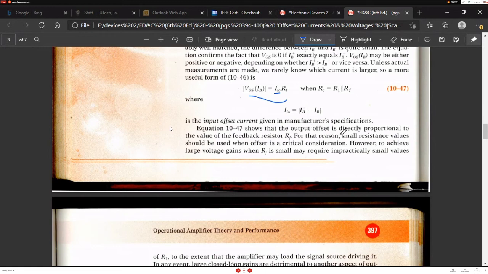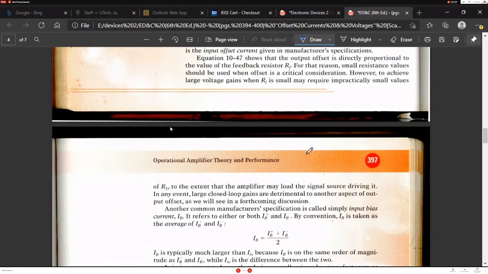It shows that the output offset is directly proportional to the value of the feedback resistor. For this reason, small resistance values should be used when offset is a critical consideration. However, to achieve large voltage gain, when RF is small, may require an impractically small value resistor for R1.